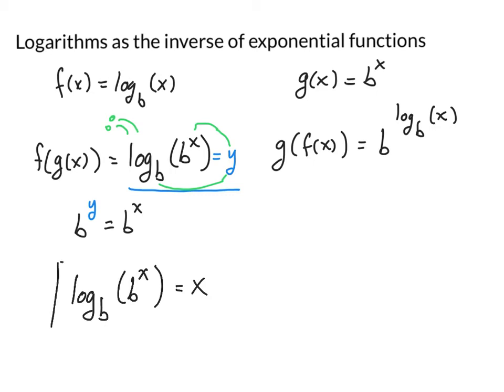This is one of the properties that we have for logarithms and exponential functions. When we say one function undoes the other, what we see here is that whatever input x I put into the function composition, I would get the same output. So b to the x does something to it, the logarithm undoes that, and your input remains unchanged. So log base b of b to the x is equal to x.